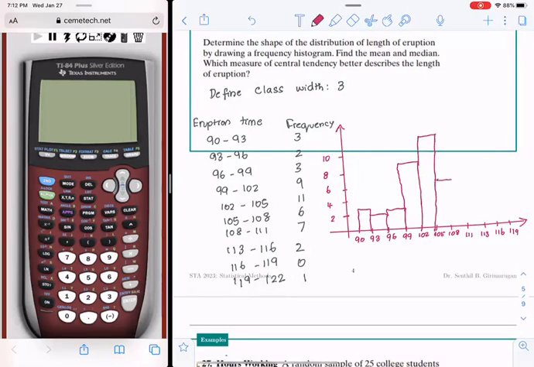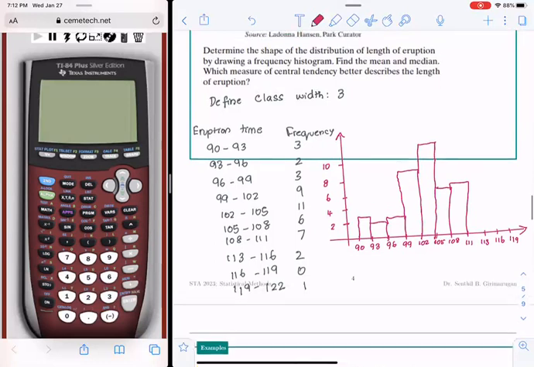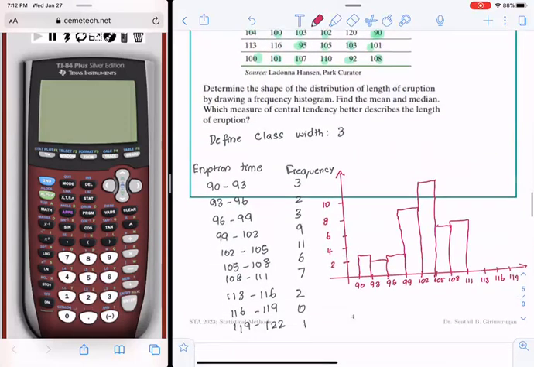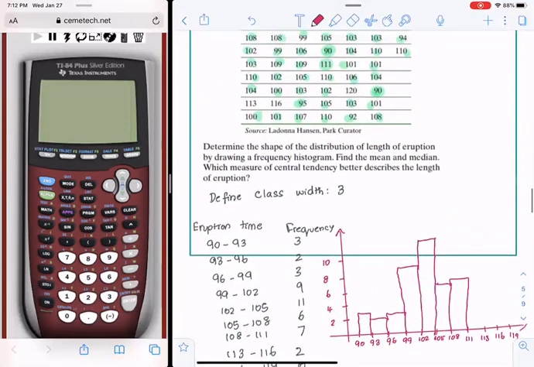And we get 6 between 105 and 108. 7. Then we have 2 between 111 and 113.